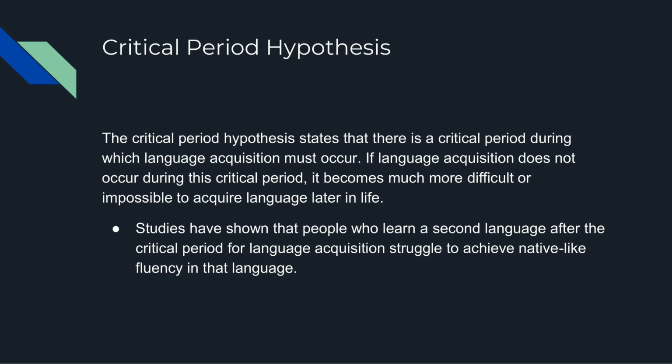If language acquisition does not occur during this critical period, it becomes much more difficult or impossible to acquire language later in life. Many studies have been done related to this. They stated that people who learn a second language after the critical period for second language acquisition struggle to achieve native-like fluency in that language.